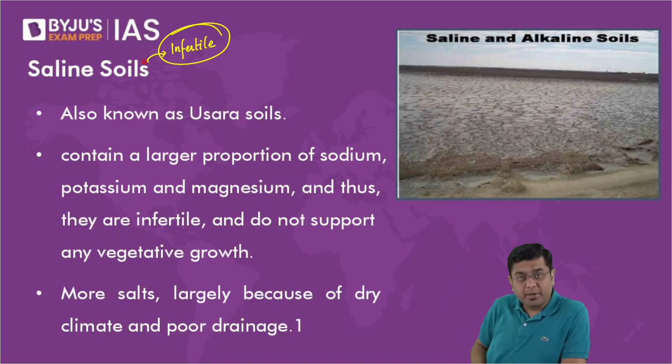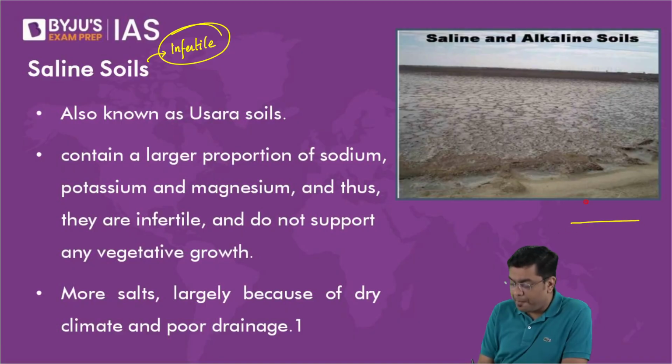When water evaporates, it leaves behind those whitish patterns on the soil as well. What is that? That is basically your salts. Salts which have come from the lower portion of the soil as a result of capillary action. So what happens here is that, let's suppose you have soil, and let's suppose you have excess amount of rainfall.